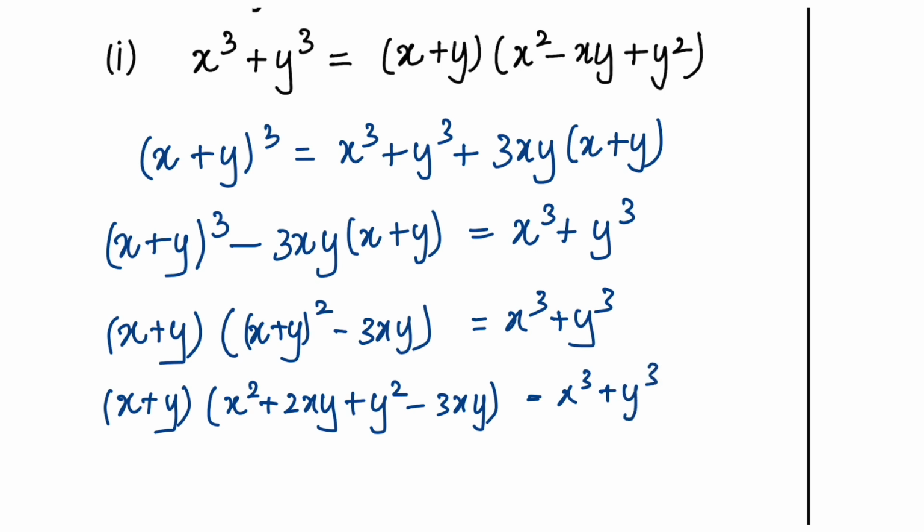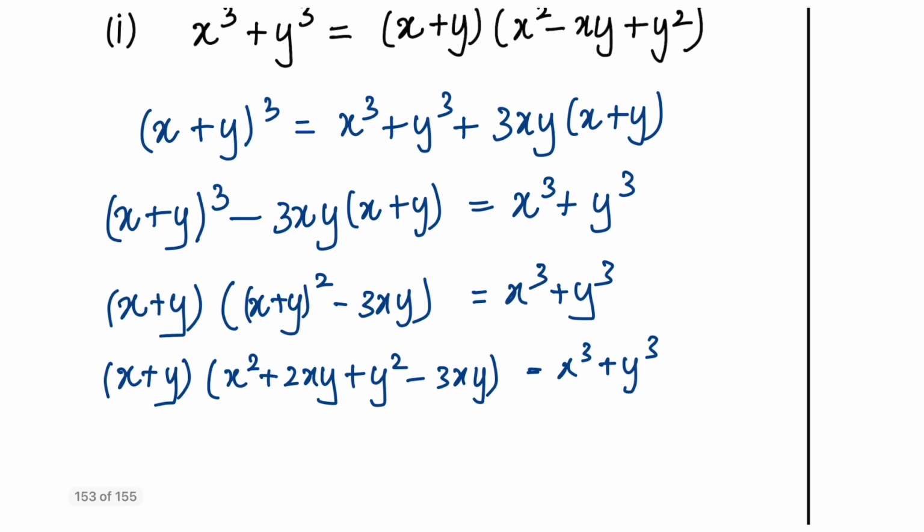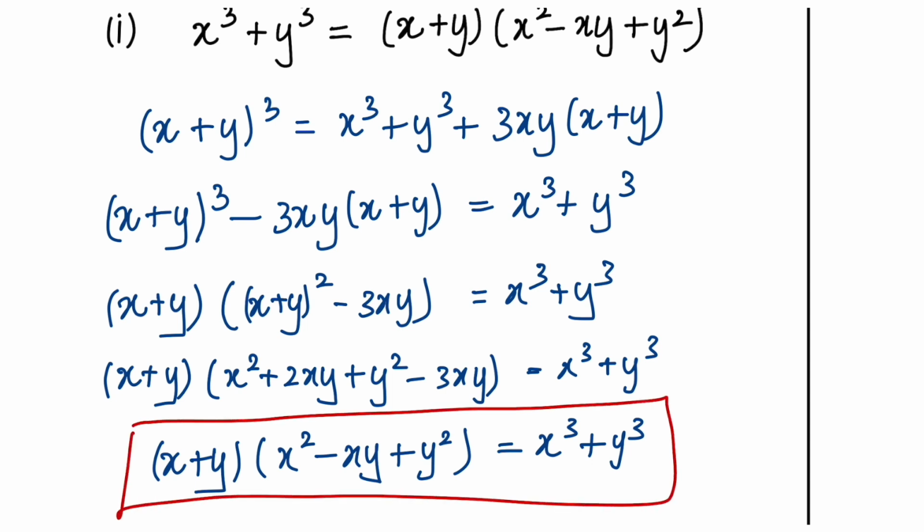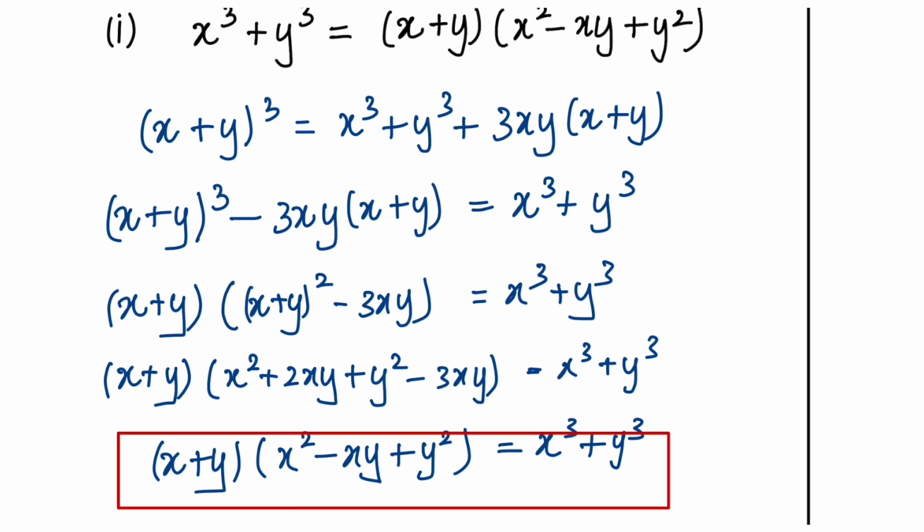Now we have minus 3xy here and 2xy here, so we can further simplify them, right? So x plus y into x squared minus xy plus y squared, which is equal to x cube plus y cube. Now that is the statement that we are supposed to verify, and that has come out right.